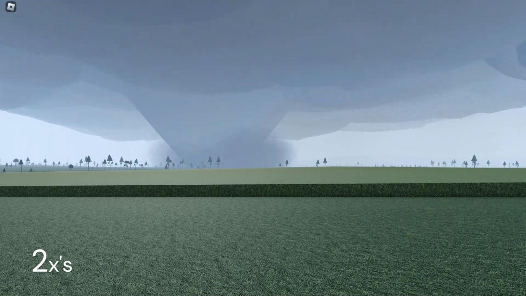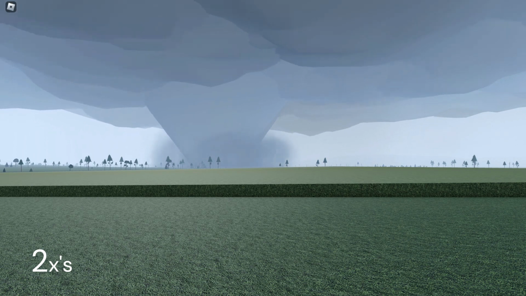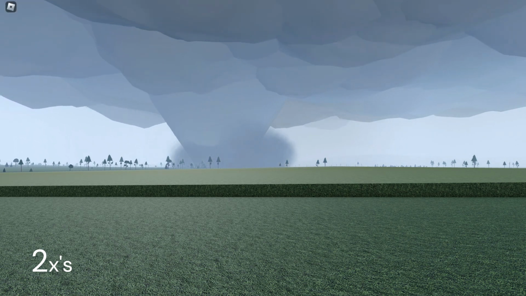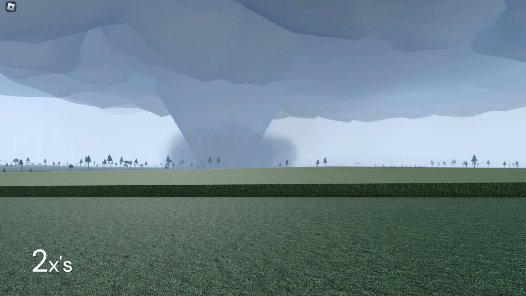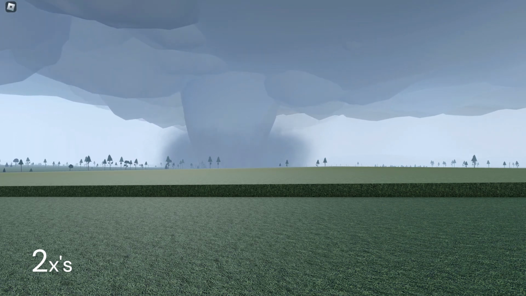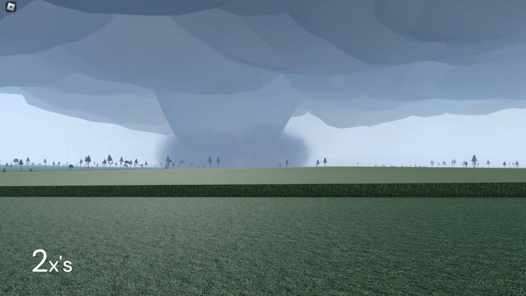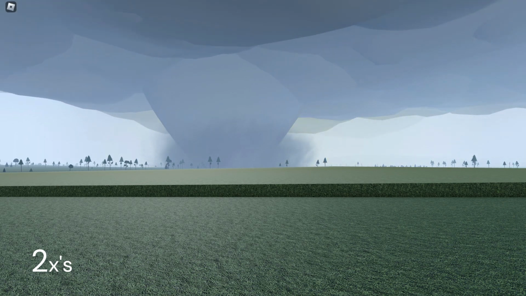So in Twisted, we have CAPE and 3CAPE. CAPE is just overall energy in the atmosphere, and 3CAPE, or 3 kilometer CAPE as it's known in the actual field of meteorology, is basically the energy in the atmosphere from 0 to 3 kilometers into the atmosphere. That's the only difference.